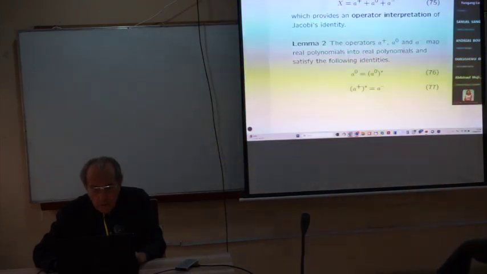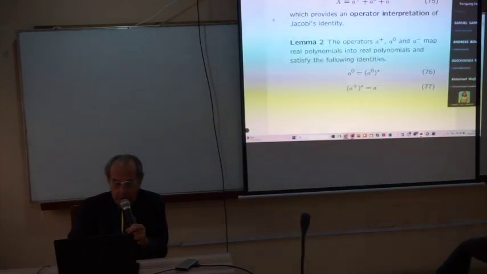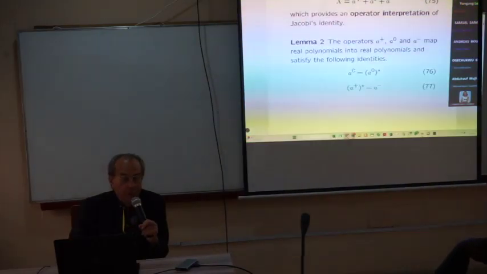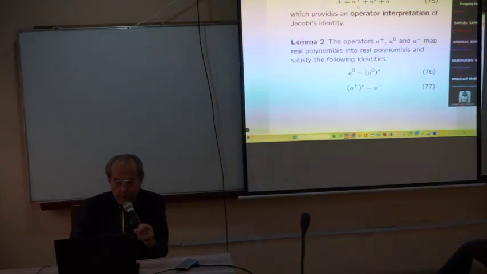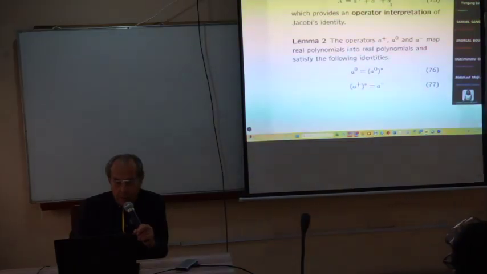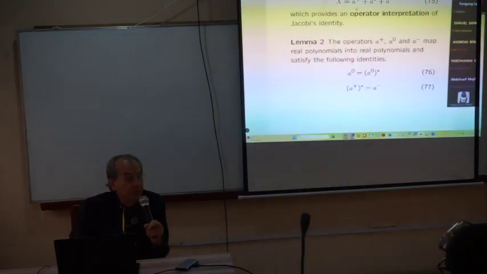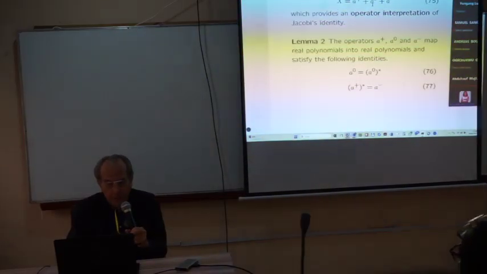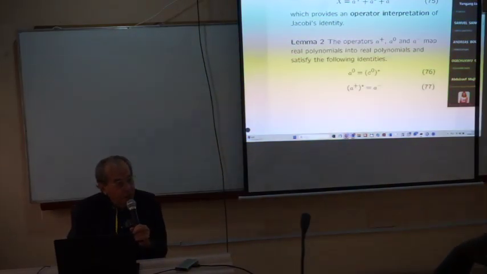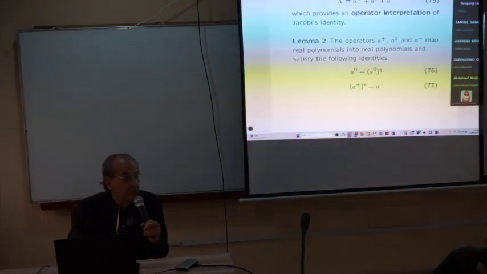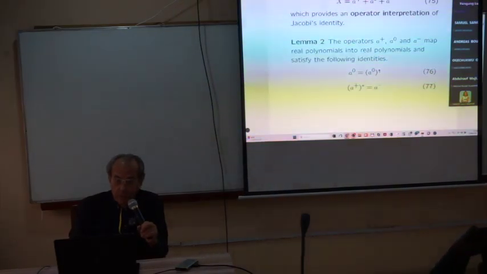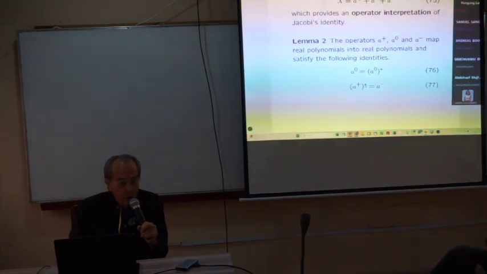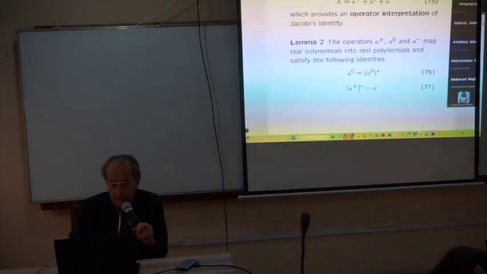Now, in the quantum decomposition, there is one very important point: these operators, A plus, A0, and A minus, have some very special properties. The fundamental point is this: A0 is a Hermitian operator, so it is equal to its adjoint. And the adjoint of A dagger is A minus.